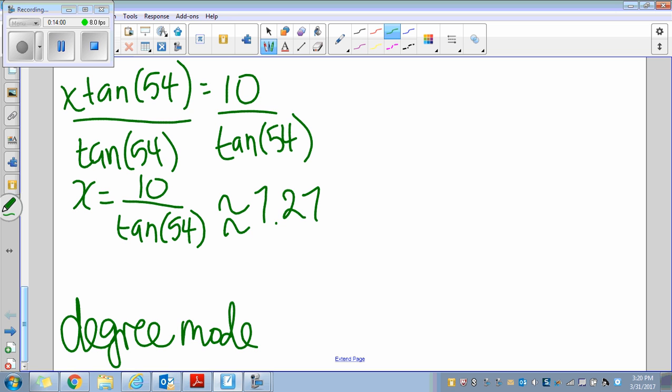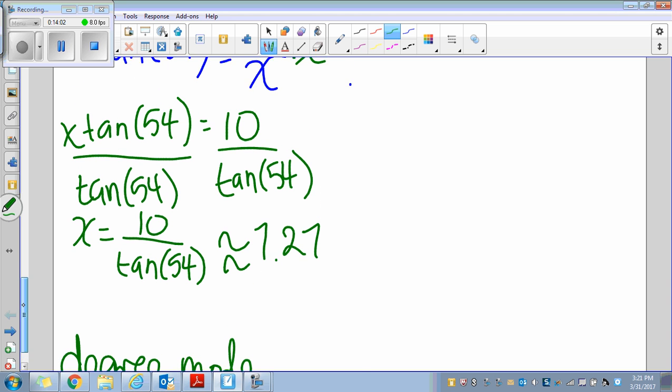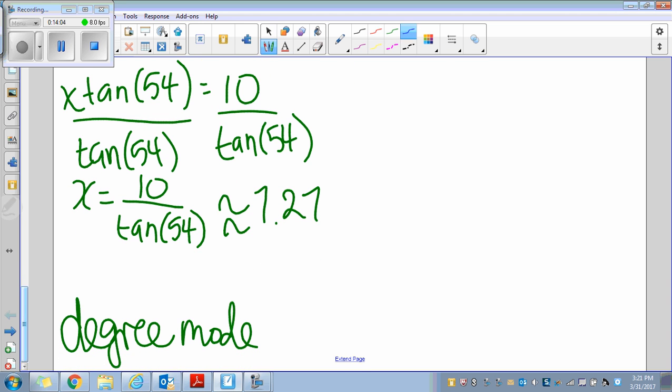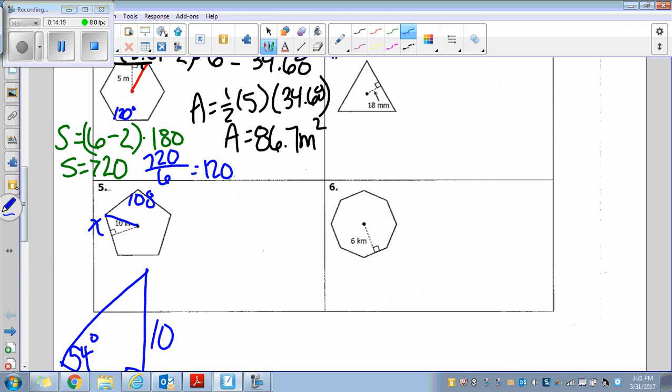The last step is to actually find my area, which we know is equal to 1/2 times the apothem, which is 10, times the perimeter. Well, we know that each little chunk here is 7.27.